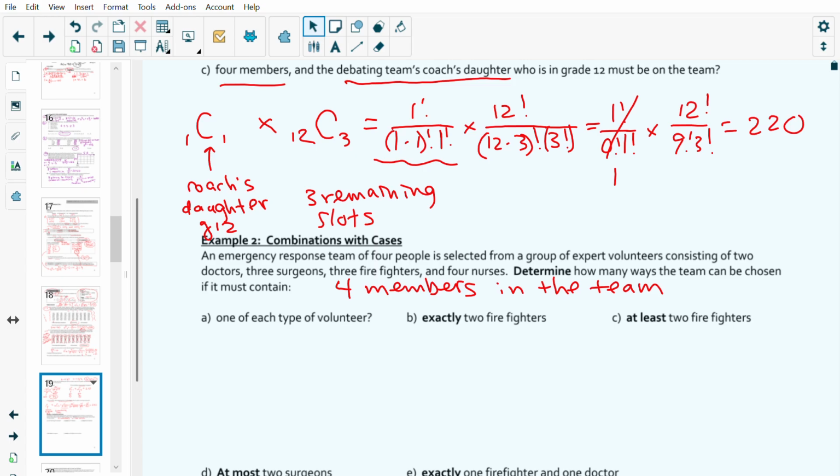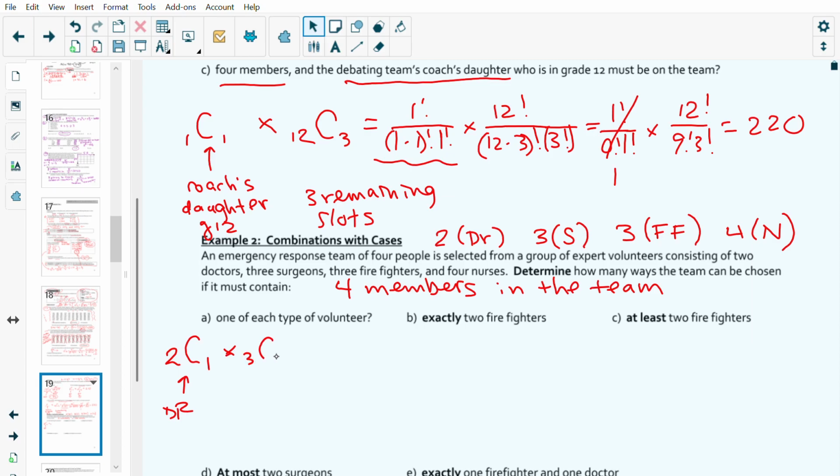So we have 2 doctors, 3 surgeons, 3 firefighters, and 4 nurses. One type of each volunteer. I'm going to start with the doctors. There are 2 possible doctors, a combination of 2 things taken 1 at a time. We just need 1 doctor.